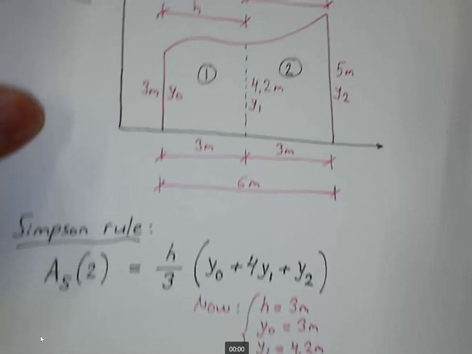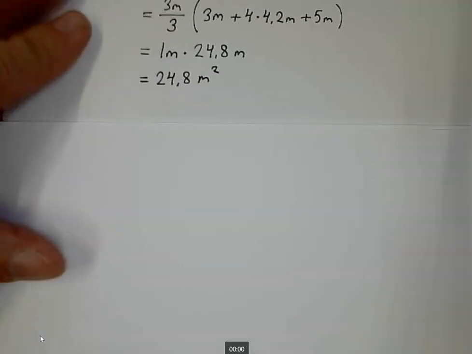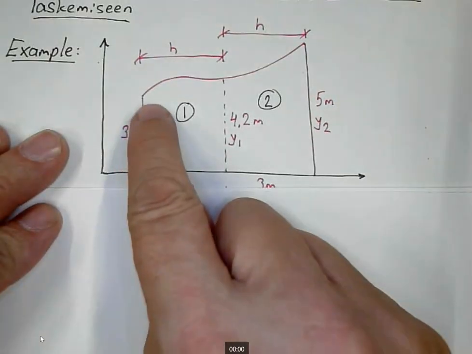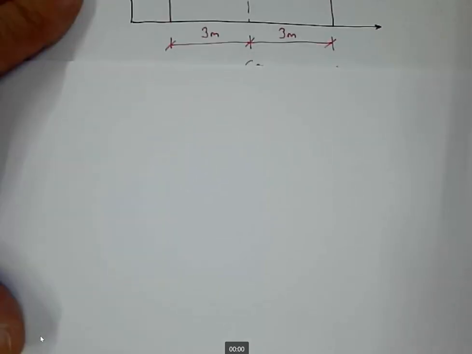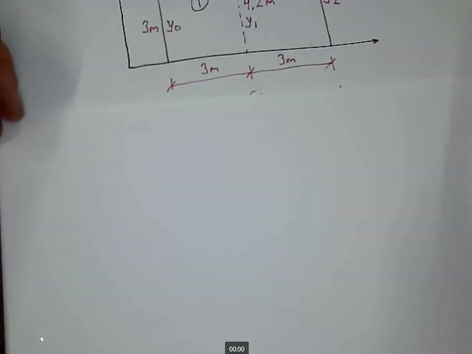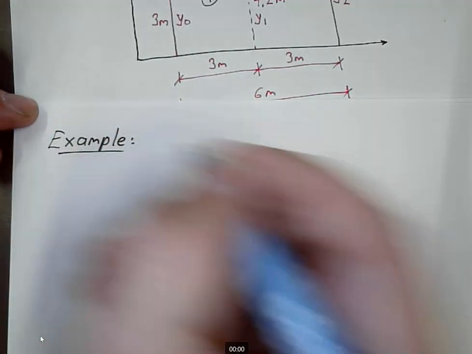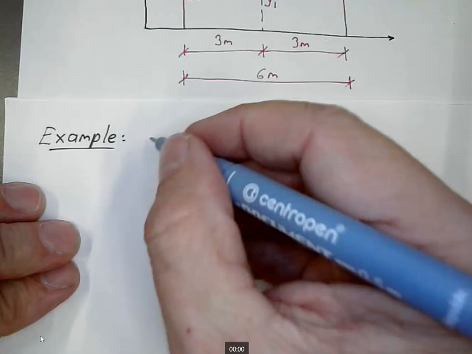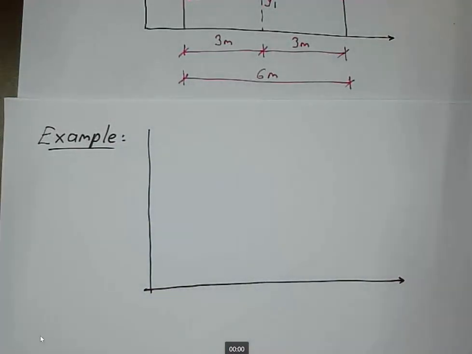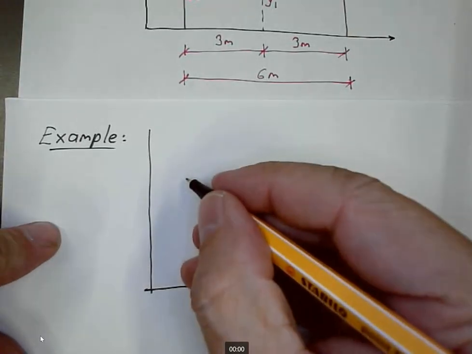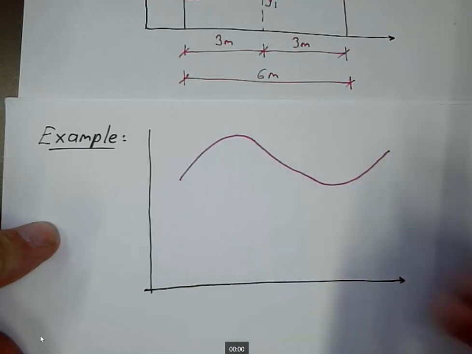But if the borderline is not that easy, let's take an example where we have an area or figure which is, for example, like that.